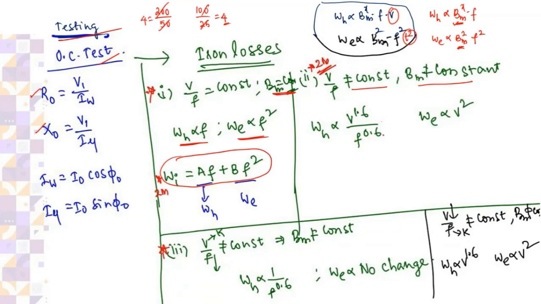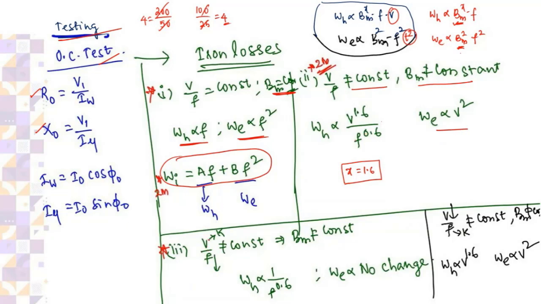If you bring f to the denominator, you'll get f power 1.6 minus 1, that is f power 0.6. Here the x value of 1.6 is taken for GATE examination, and this is the hysteresis coefficient. And coming to the eddy current losses, when you substitute V by f whole square, f square gets cancelled, and it will end up with V square.